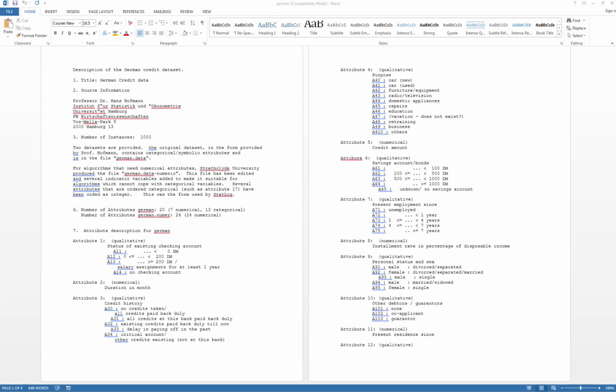The example application uses the German credit dataset from the University of California at Irvine website.